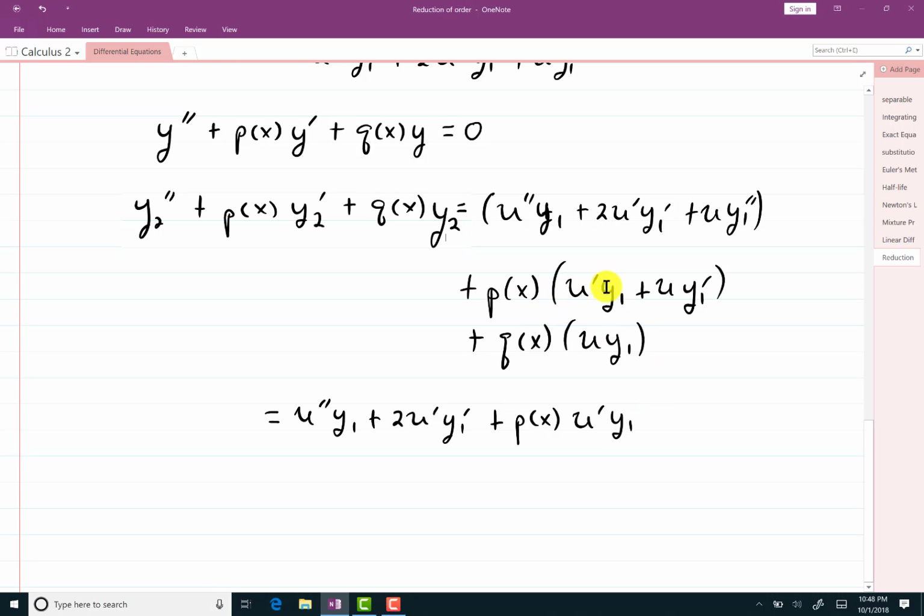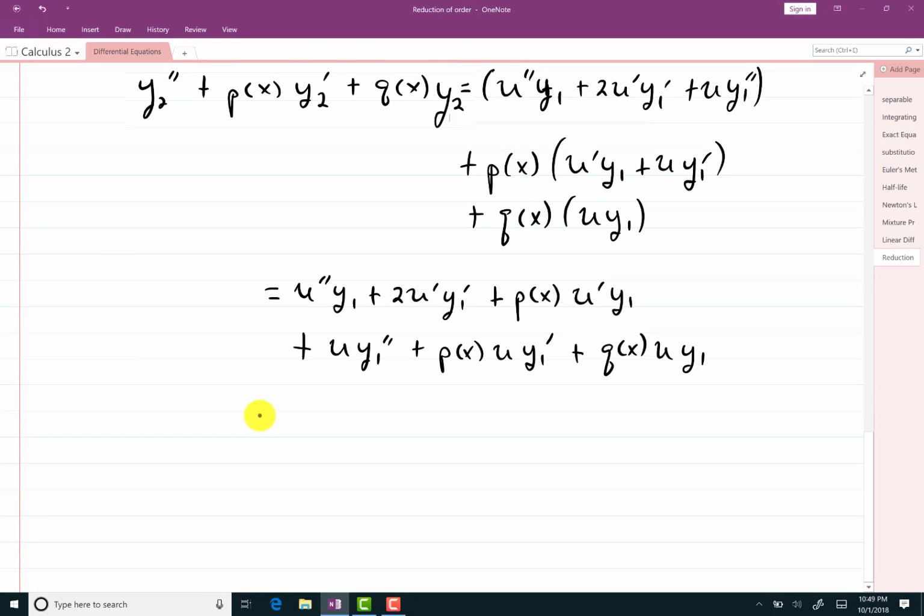I pulled this term out of there. I took the first two terms from the first one. Now I'm going to grab the terms that I haven't used yet. I have u y1 double prime, plus p of x u y1 prime, plus q of x u y1.